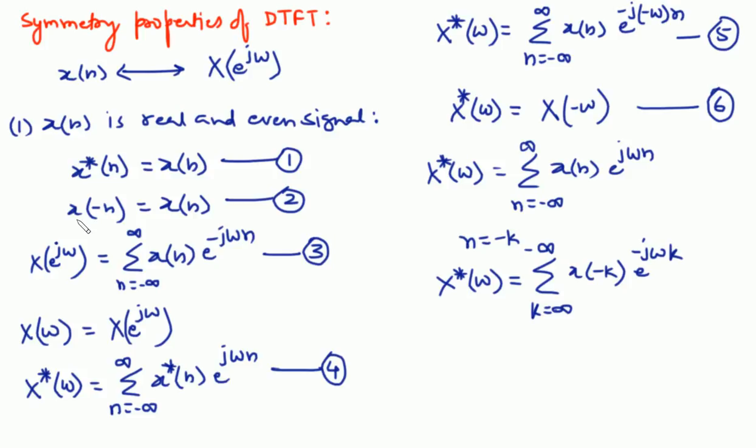Now if x[n] is an even signal, or x[-n] is x[n], then x[-k] is x[k]. So we can write the complex conjugate of X(ω) as the summation of x[k] e^{-jωk}. In a discrete summation we can interchange the limits without changing the sign.